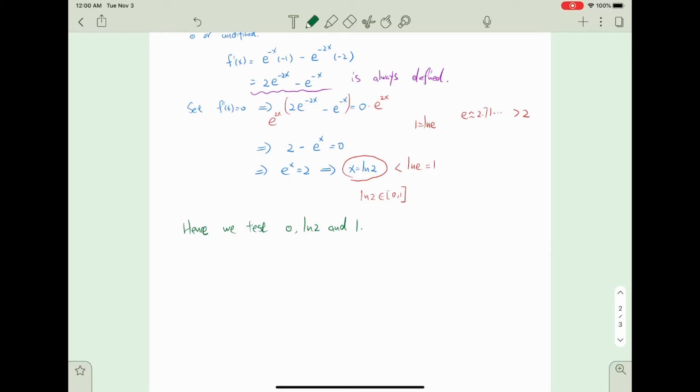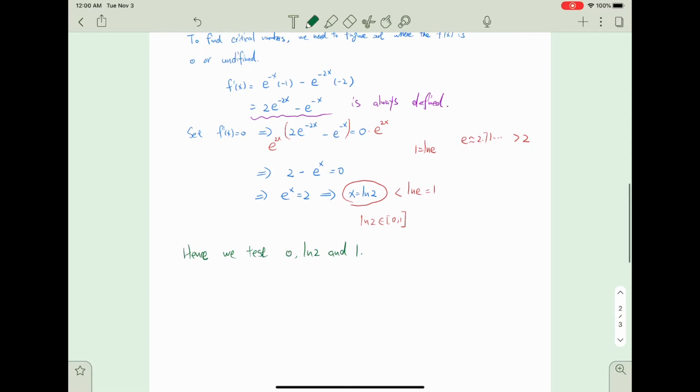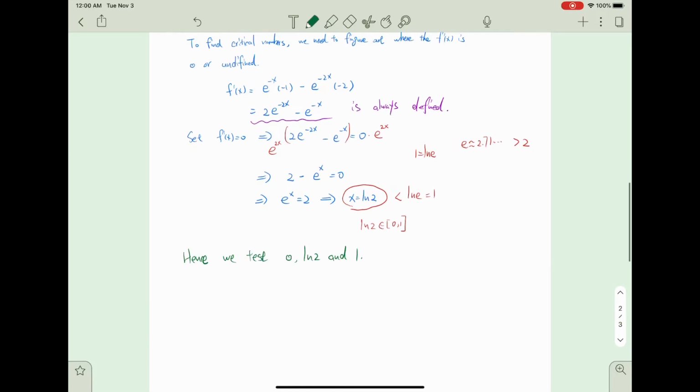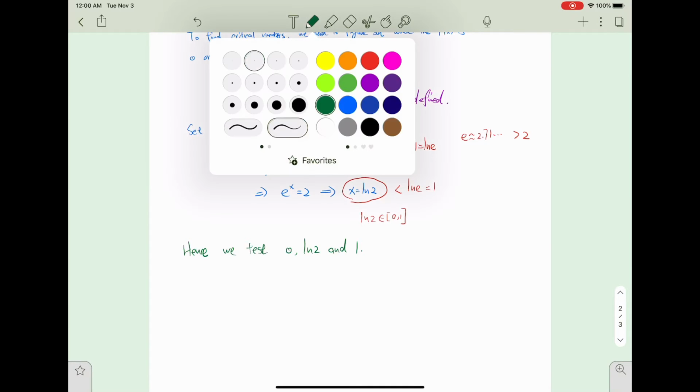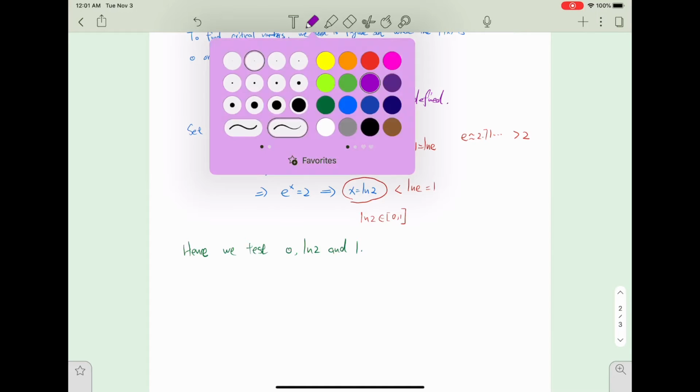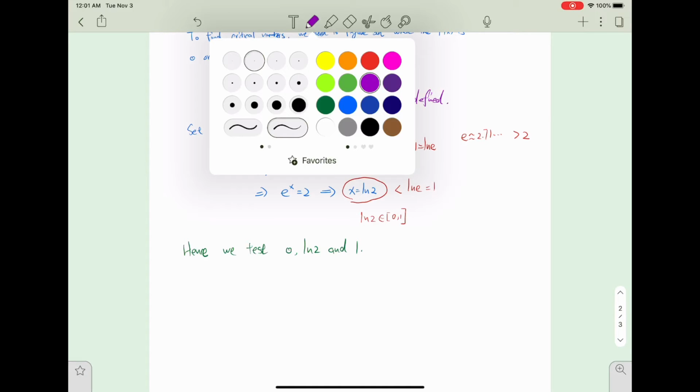We plug these numbers back into the function one by one to check the output. Pay attention here: we are not plugging these values into the derivative. We are plugging them into the original function, because we want to see the value of the function, not the derivative function, that is the min or max.